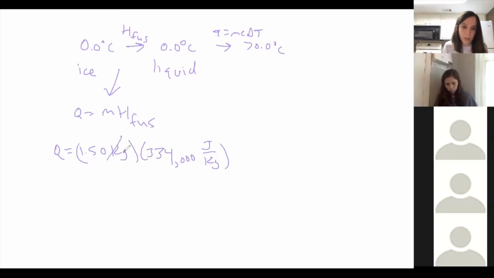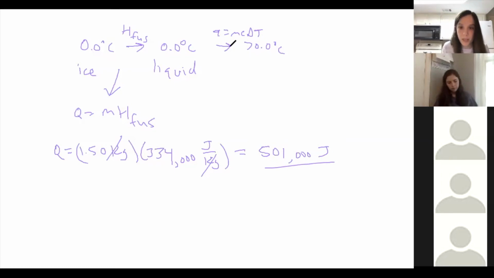So the units will cancel out with kilograms, multiply that, and we get the energy required to melt the ice. And that's going to be 501,000 joules. Okay, so that's the first step we did right there.